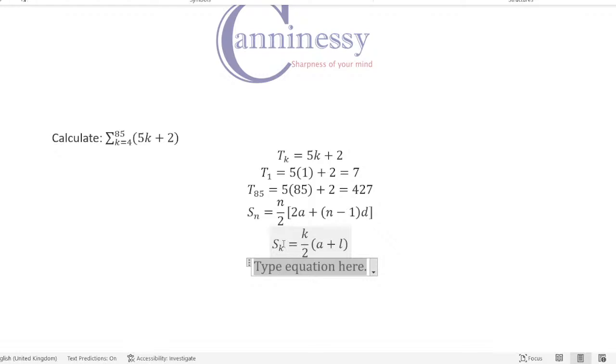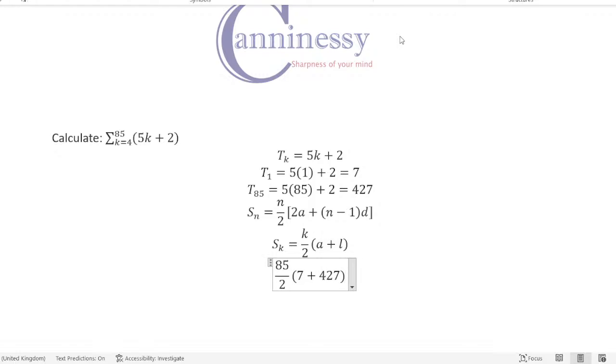So the value of k is 85. 85 divided by 2 into a, the value of a is 7, plus the last term 427.